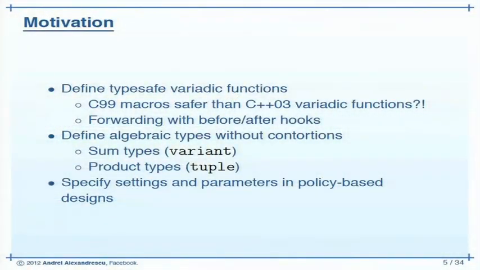All right. So the motivation behind variadic templates was, first of all, this desire to define type-safe variadic functions. We've had this desire forever. printf is this absolutely archetypal function that is very fast, very good, except it's extremely unsafe. I'm not sure about you, but I've passed the wrong arguments to printf.